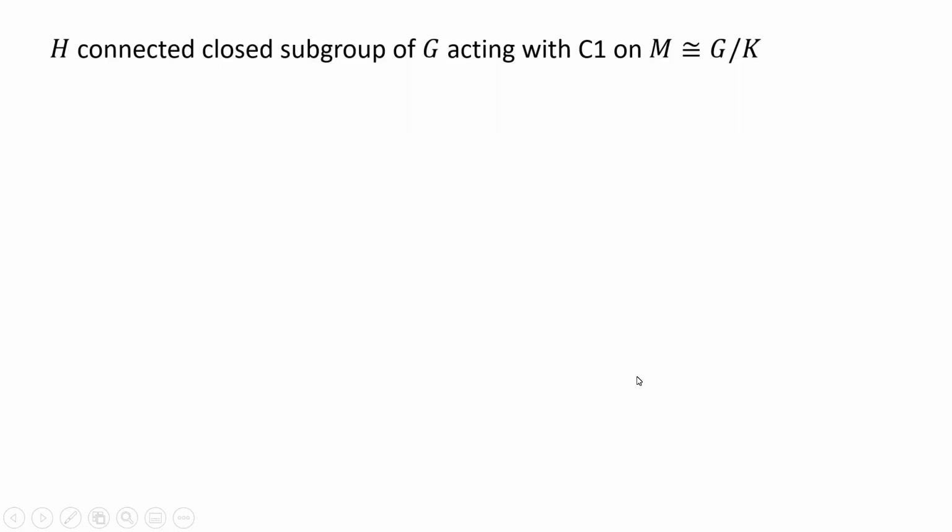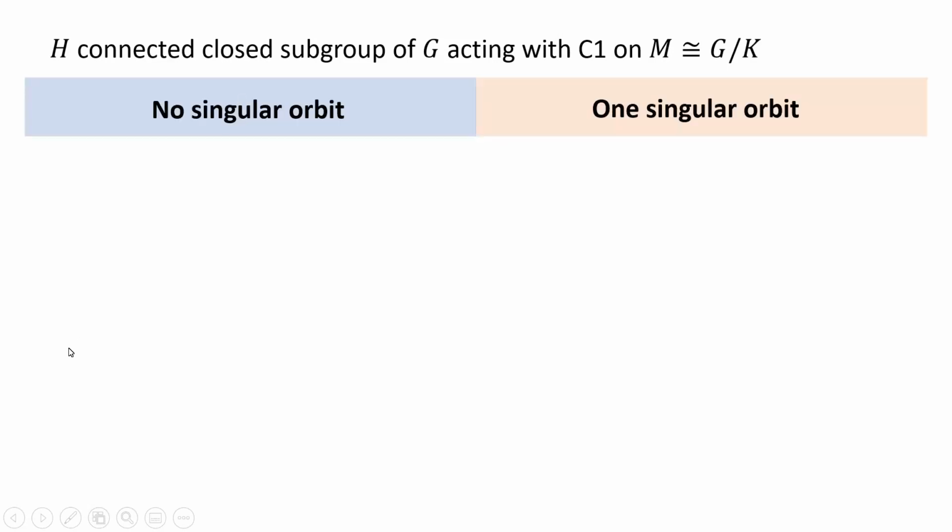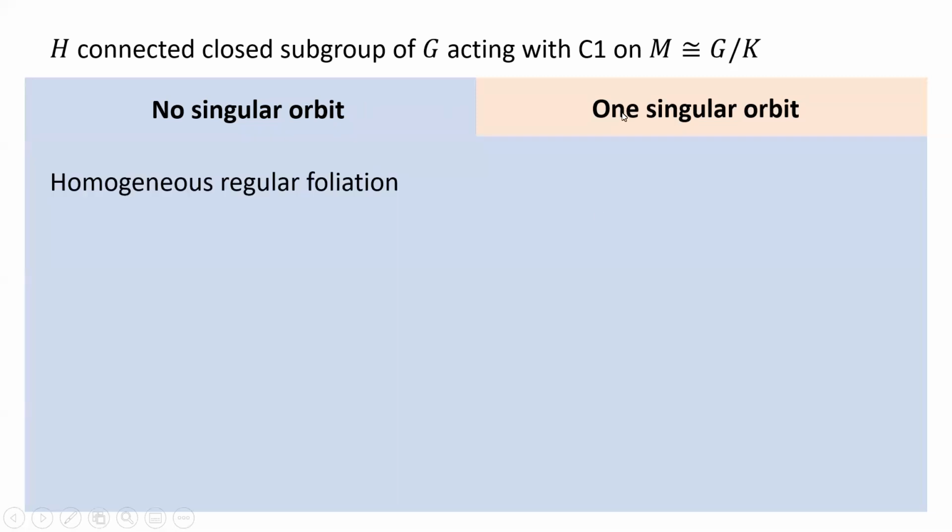So now our problem. We want to analyze homogeneity 1 actions on a symmetric space M of non-compact type. So we consider a connected and closed subgroup of G acting with homogeneity 1 on M. It's assumed to be closed because I'm considering proper actions. So we distinguish 2 big cases, no singular orbit or 1 singular orbit.